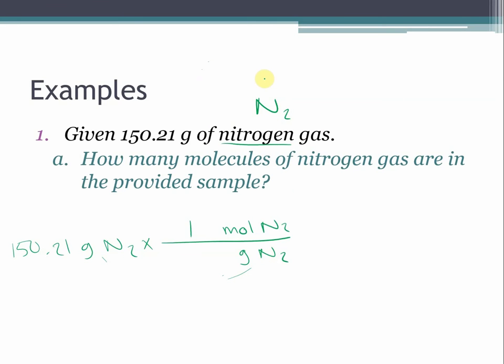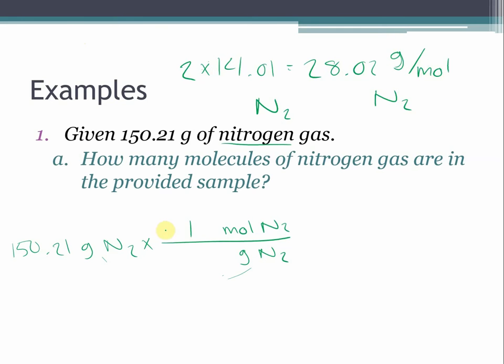So we will add up all of the masses of all of our atoms. In this case, we can multiply. 2 times the mass of nitrogen, which is 14.01, gives us 28.02 grams per mole for N2.